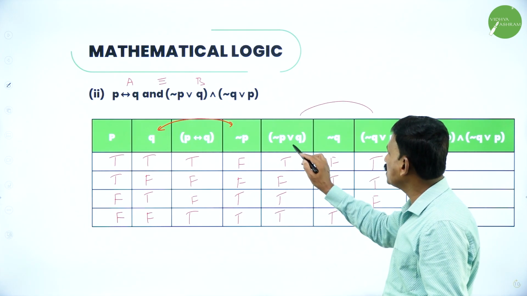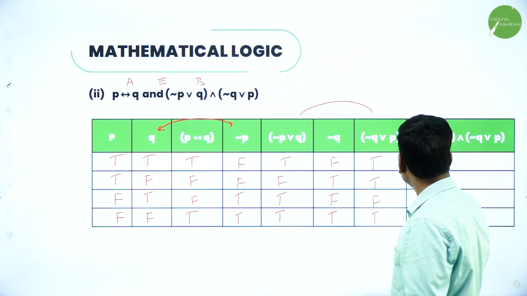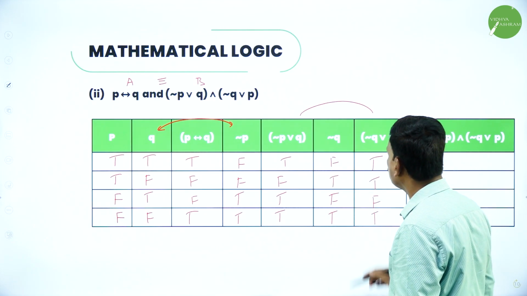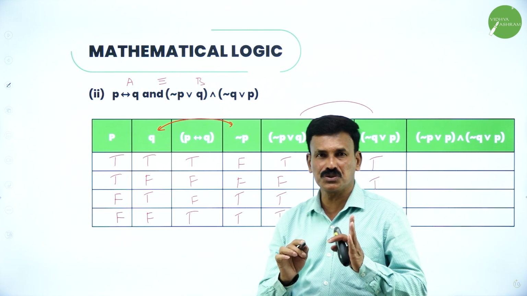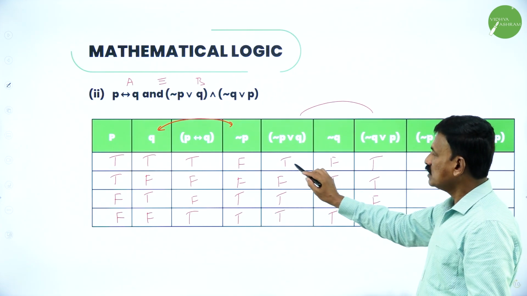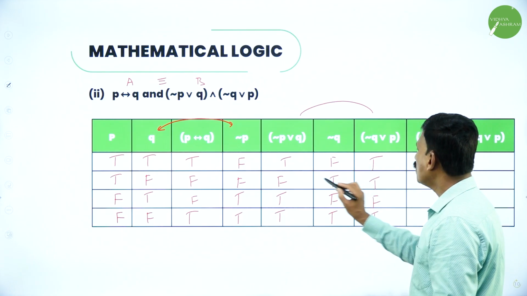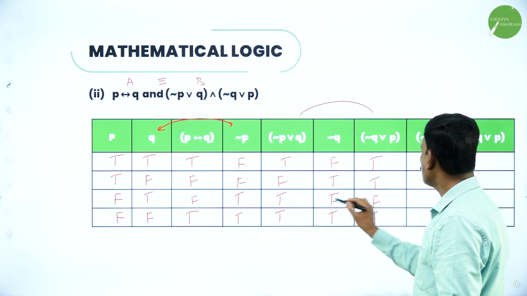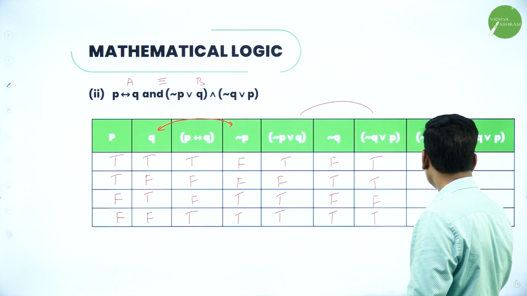Now write down the conjunction for (¬P ∨ Q) ∧ (¬Q ∨ P). In case of conjunction, true and true is true, in all other cases it is false. So true and true is true, false and true is false, true and false is false, true and true is true.